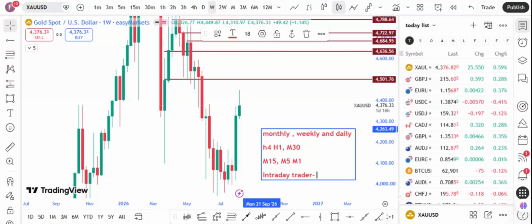Before you start anything, the first thing on your mind is what's the direction for today. So if you're an intraday trader like me, you're going to use your daily and 4 hours.